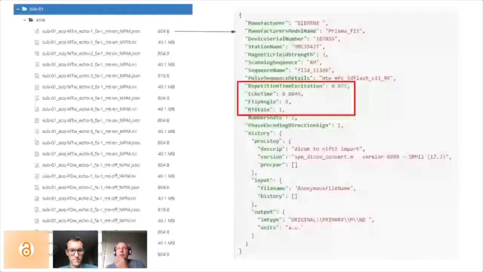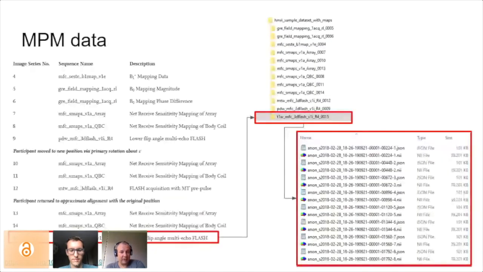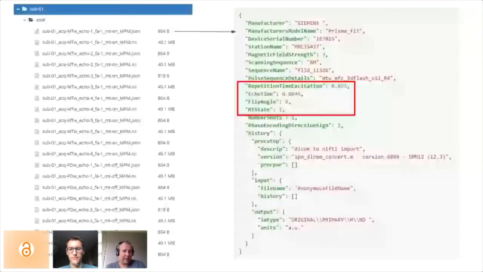And so to help make sense of that fairly complicated data set, we have converted the data that are available, and I repeat, they just represent a bunch of images with the accompanying JSON, and we've converted them into a set of anatomical images, each of them with pre-specified keywords in the file name, so that we know this is the first echo, that would be the second echo, and so on. Here there is only one flip angle. The MT here is on, but over there it's off.